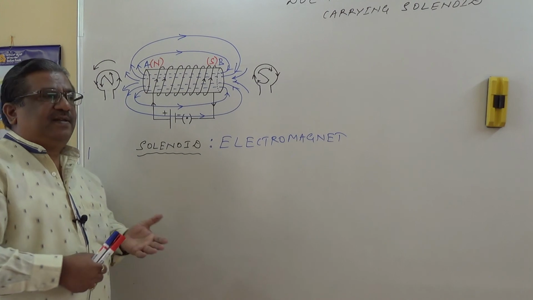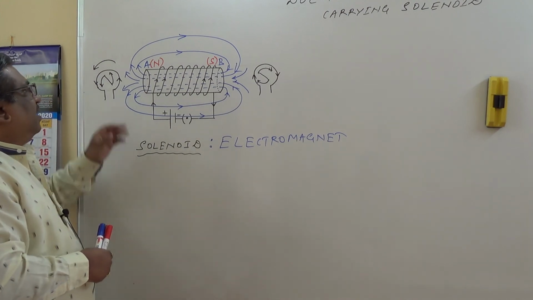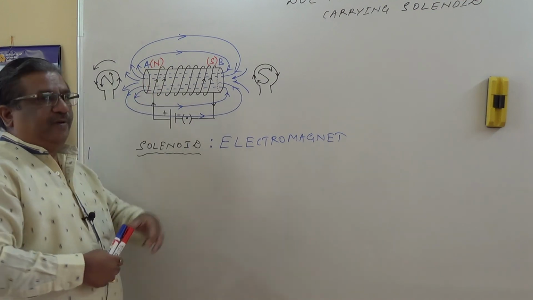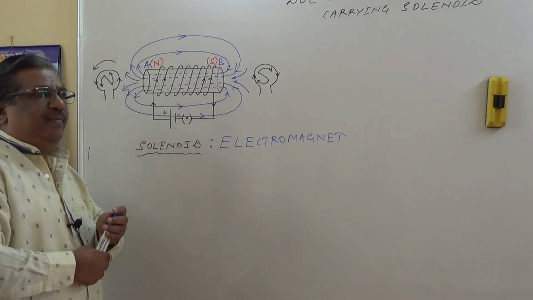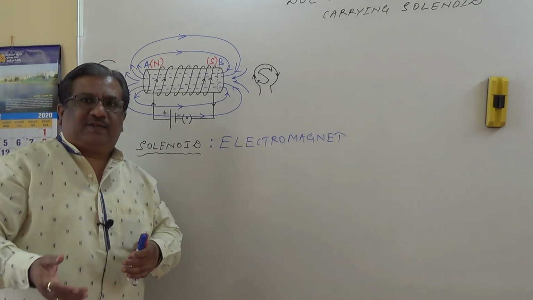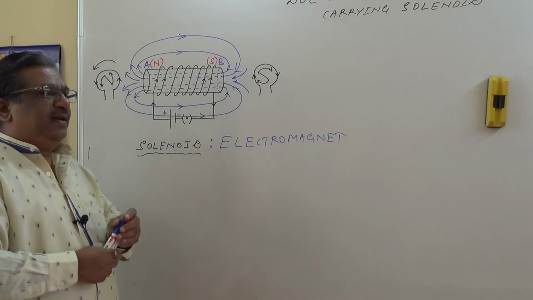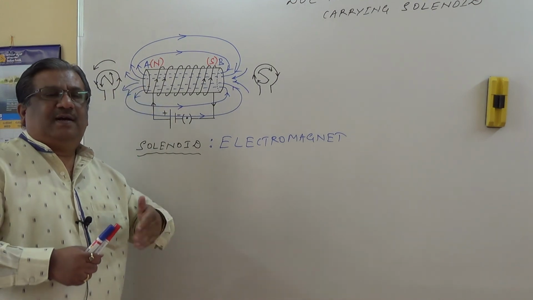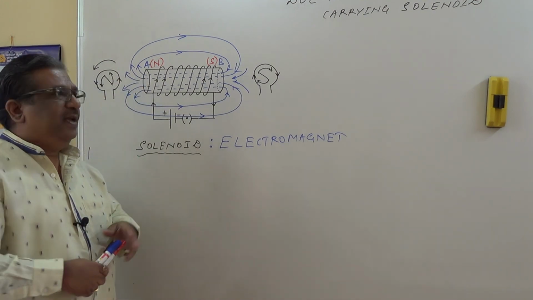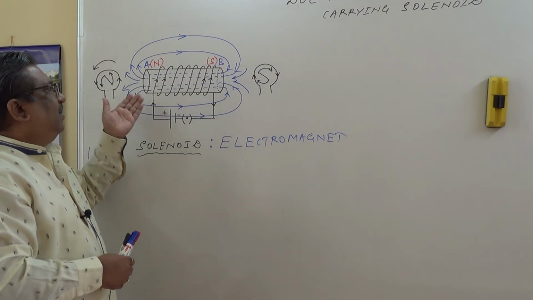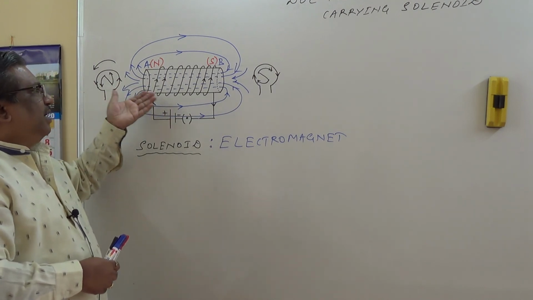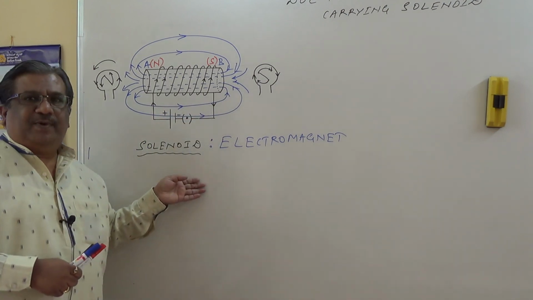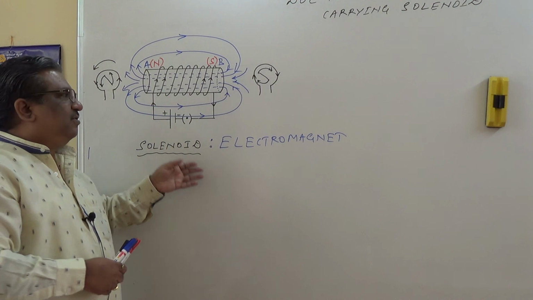Or one more way of increasing the magnetic field strength is by inserting a soft iron core inside the solenoid, because the permeability, the ability to get magnetized, for iron is very high, and therefore if we place materials having high permeability inside, then definitely the magnetic strength of the entire assembly can be increased.